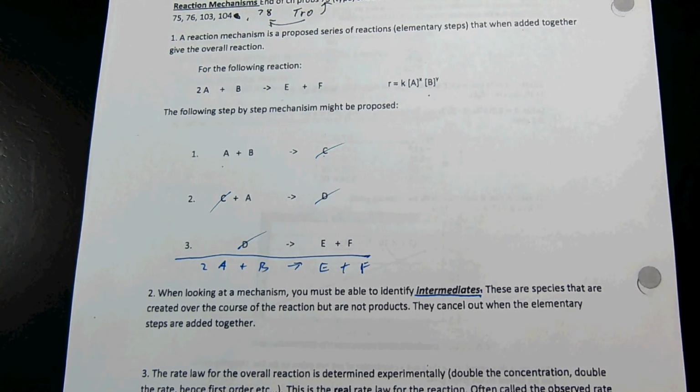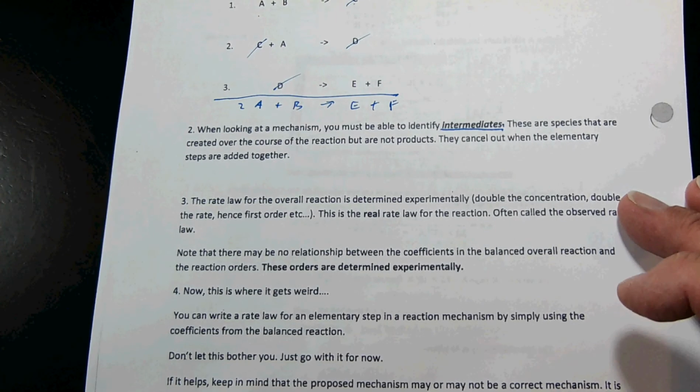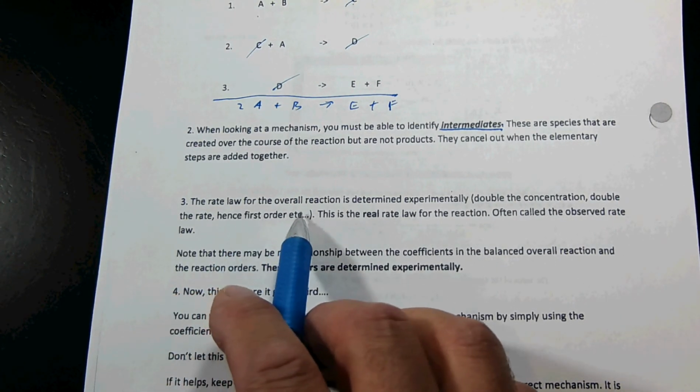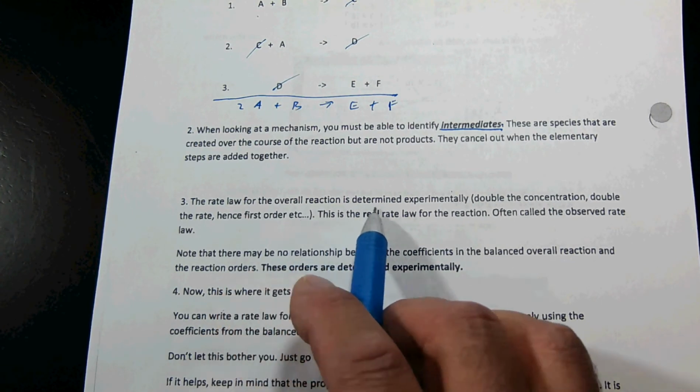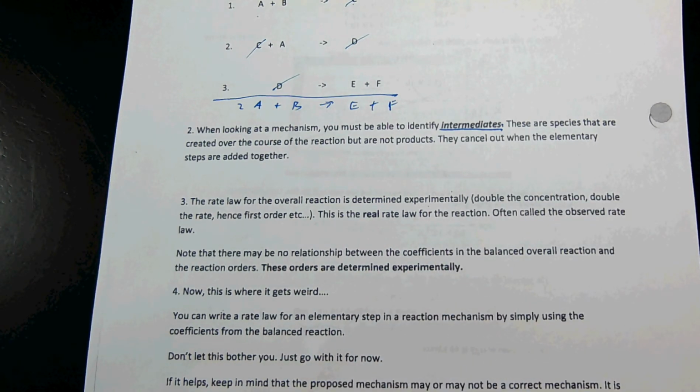Now, other stuff you need to know here about a mechanism. The rate law for an overall reaction is determined experimentally. We beat this to death in other lessons. There's different ways of determining the rate law for a reaction.